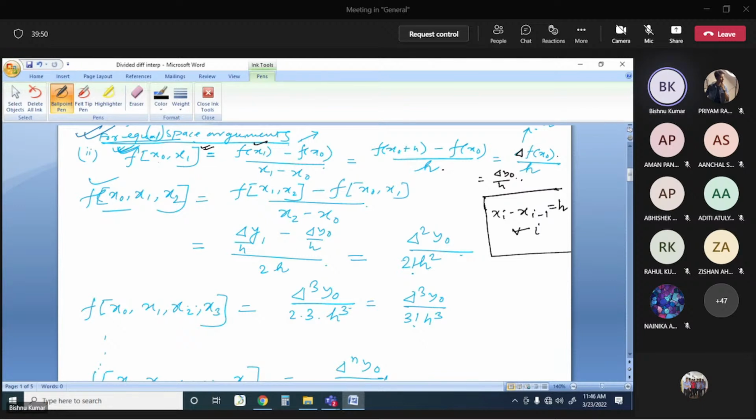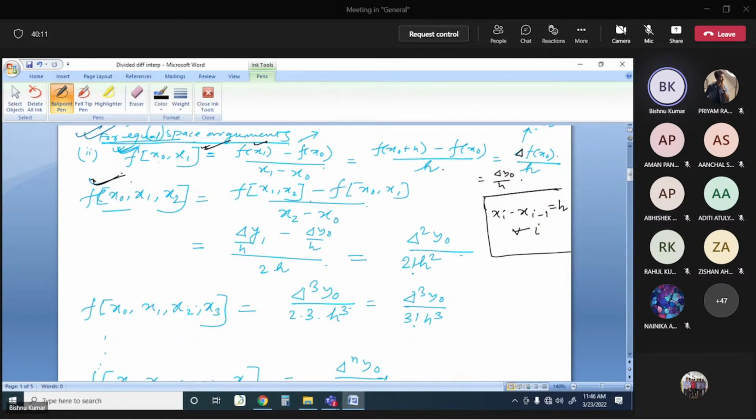If I use three arguments, the second difference, use this first difference idea here.